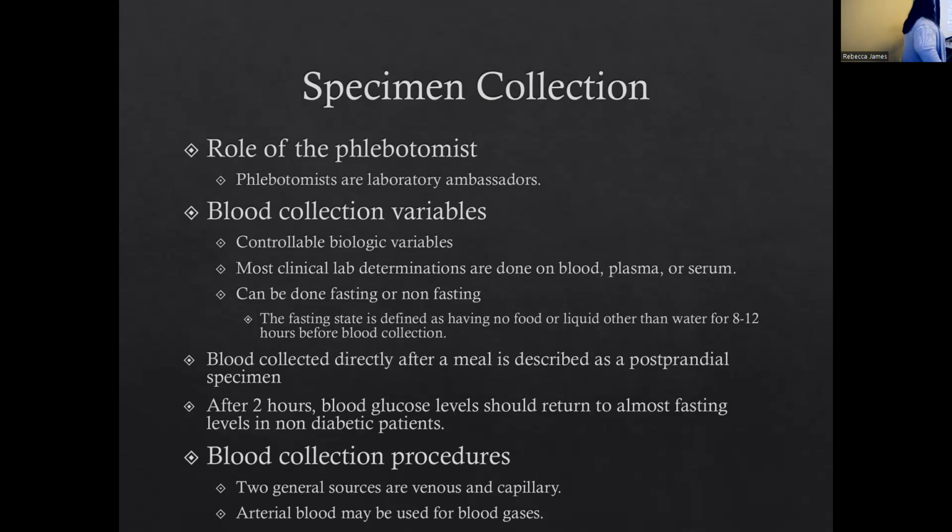Is this nurse going to give this dose at 8 p.m.? No, why? They already got too much, right? They already have too much in there. If this nurse gives that medicine at 8 p.m., they're probably going to double or triple this, which could end up hurting them. So you see how these are important to know.